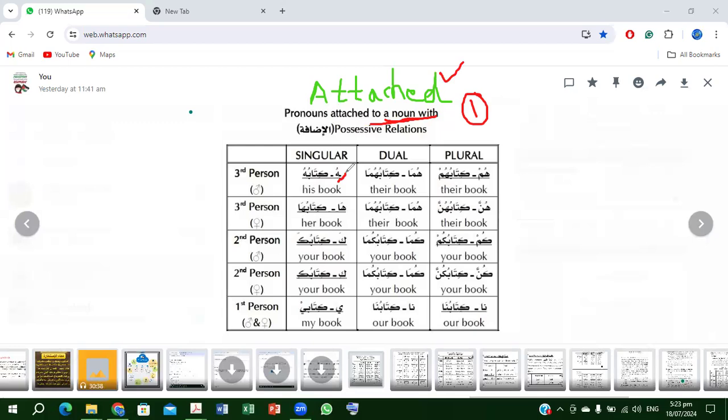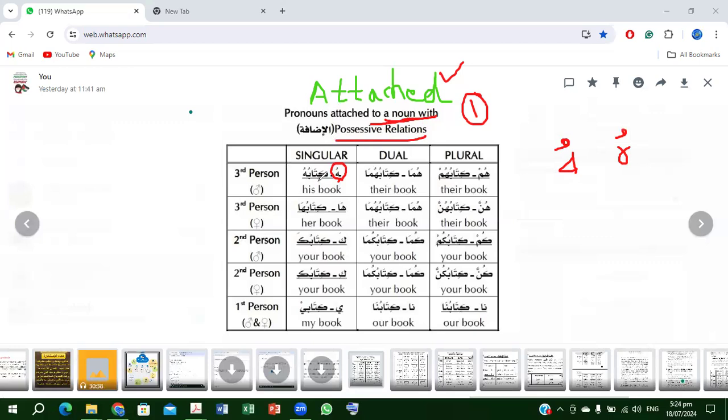Okay? So look at the shape. It will be like this. Like a small triangle like this. Who? Like this. Okay? So it is a small shape, so it always comes attached. So if it is attached to a noun, it always shows possessive relation. Okay, just remember, when it is attached to a noun, it shows possessive relation.